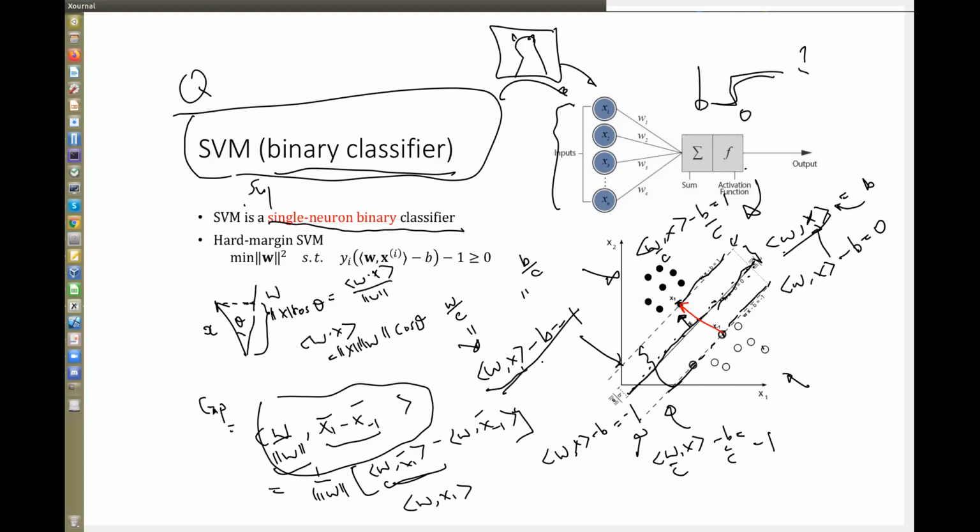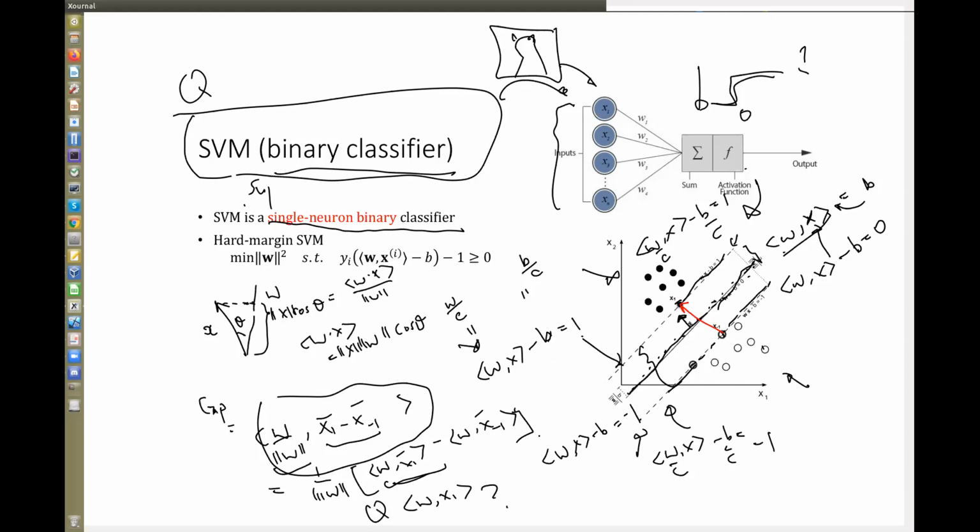Given that I have wx1 minus b is equal to, oh, I have already said it out loud. Given that x1 falls on this equation here, what is the question?